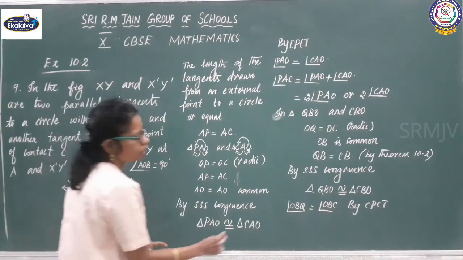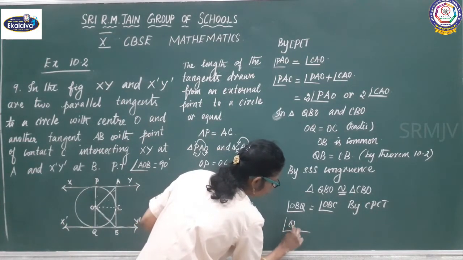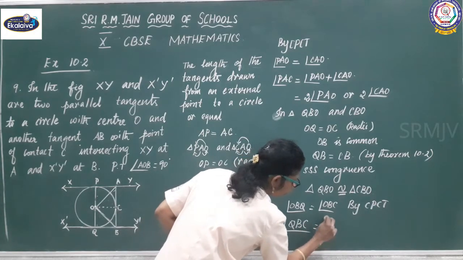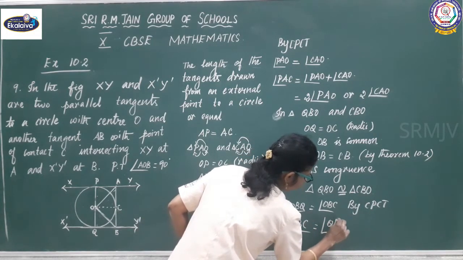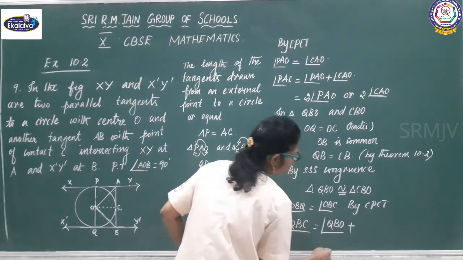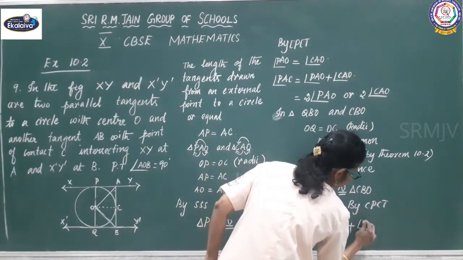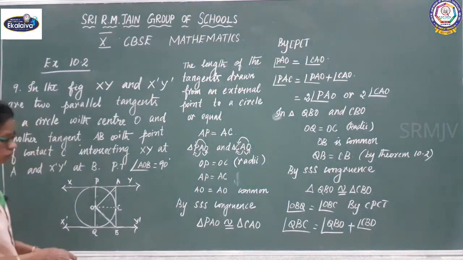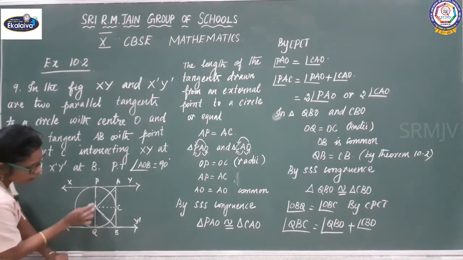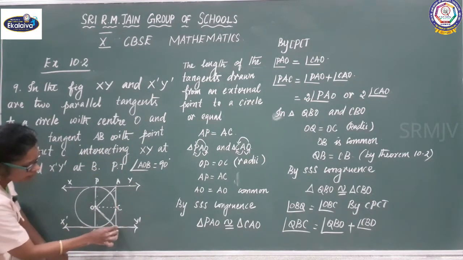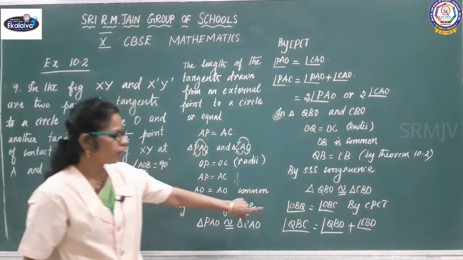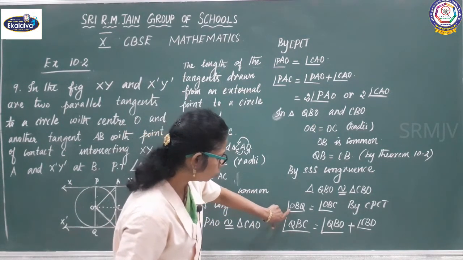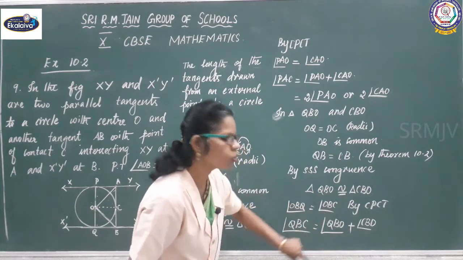Again, angle QBC. How can you write? Angle QBC equal to angle QBO plus angle CBO. Right? See here, children. QBO plus CBO. What we have proved here? Angle OBQ equal to angle OBC.